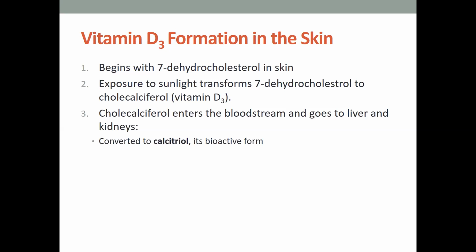So you need that sun in order to make that conversion, and specifically it's the UV light in sun. That can now enter the bloodstream and go to the liver and the kidneys. It's not until that process happens that vitamin D gets converted to its active form, calcitriol, which is what really does all of the functions of vitamin D in the body.